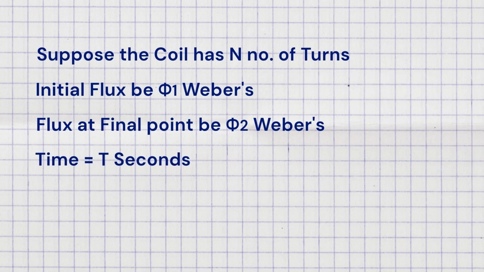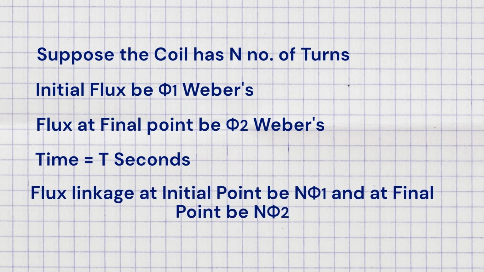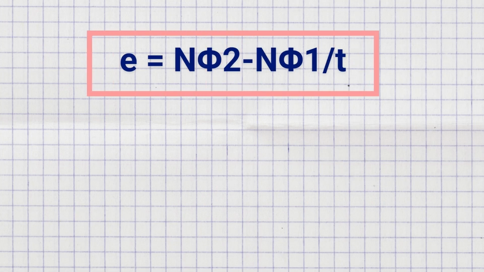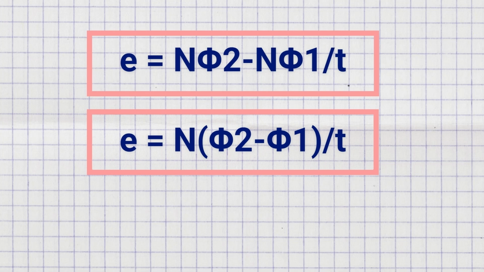Hence, the flux linkage at the initial point would be n phi1 and at the final point would be n phi2. So the EMF induced will be E = (n phi2 - n phi1)/t, or n(phi2 - phi1)/t.